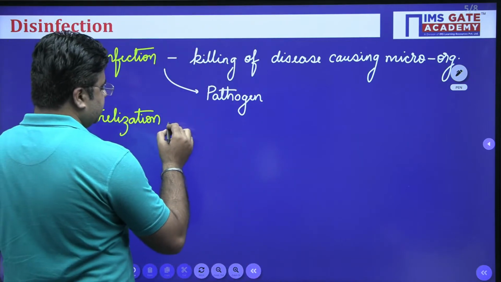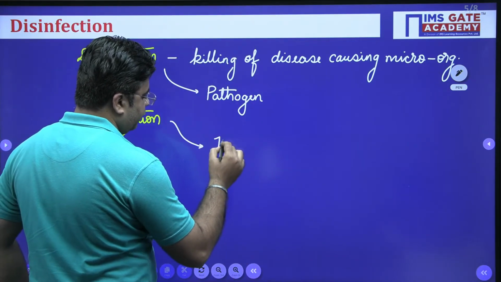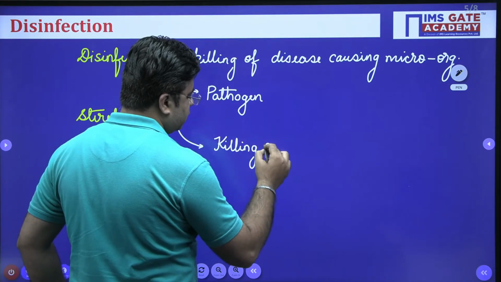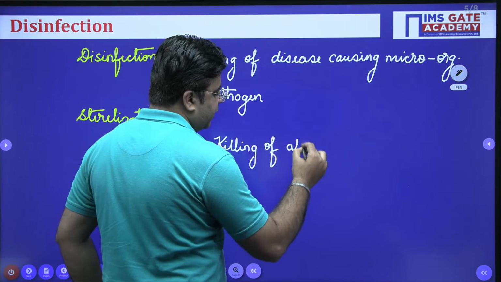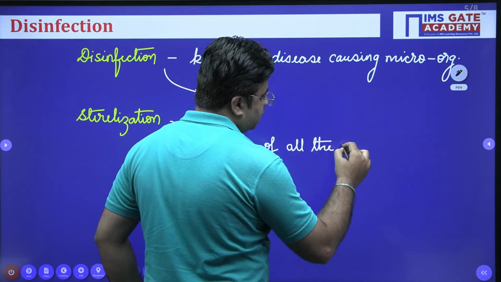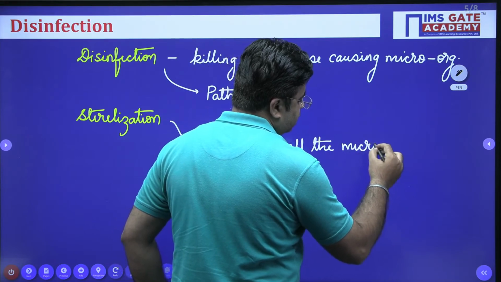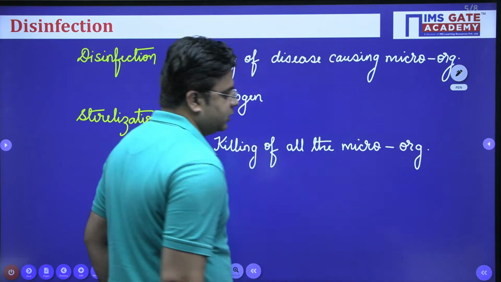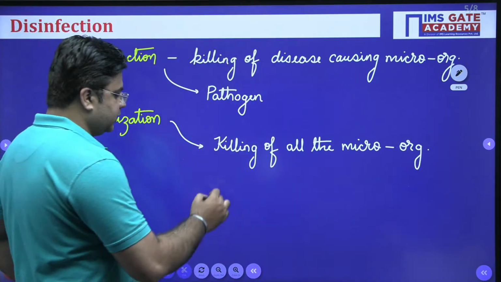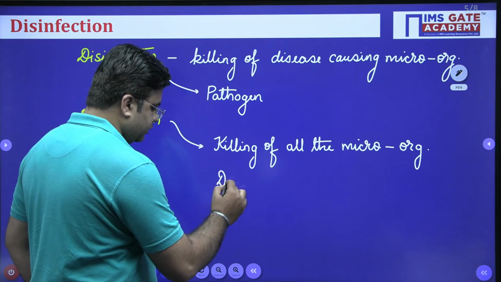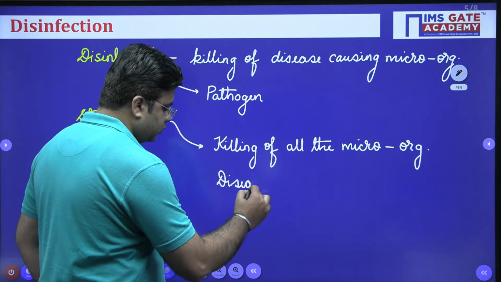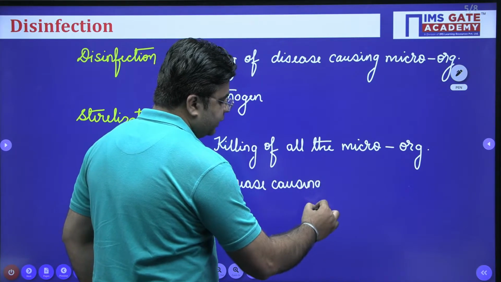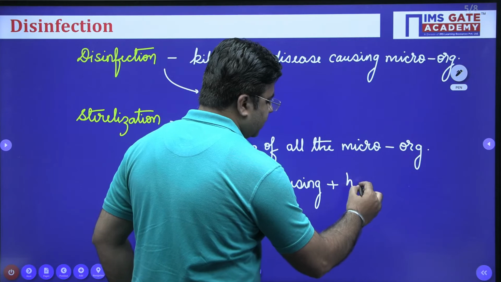So sterilization is the killing of all the microorganisms that are present in the water sample. These microorganisms can be disease-causing, or they can be harmless microorganisms.